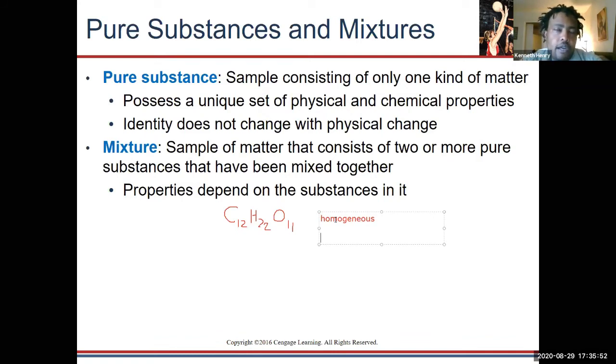So if it's not homogeneous and you can tell the difference, like let's say salt and pepper. If I mix salt and pepper together, can I tell the difference between them? Yeah, I can visually tell the difference. One's black, one's white, all right? So what do you think that's going to be called? Heterogeneous.